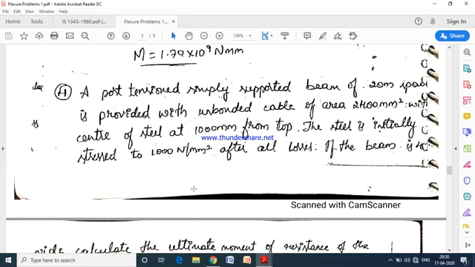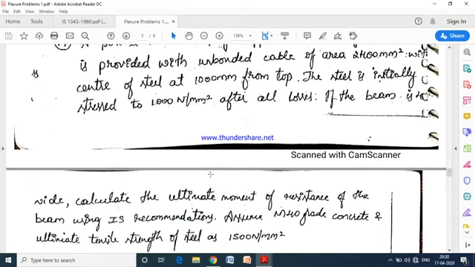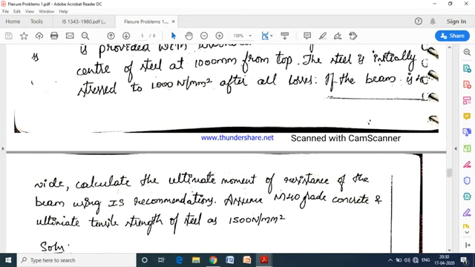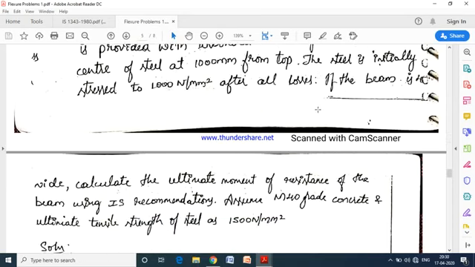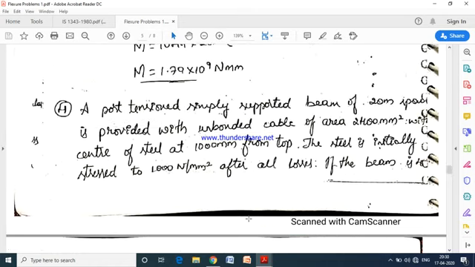If the beam is 400 mm wide, calculate the ultimate moment of resistance of the beam using IS recommendations. Assume M40 grade concrete and ultimate tensile strength of steel as 1500 N/mm².